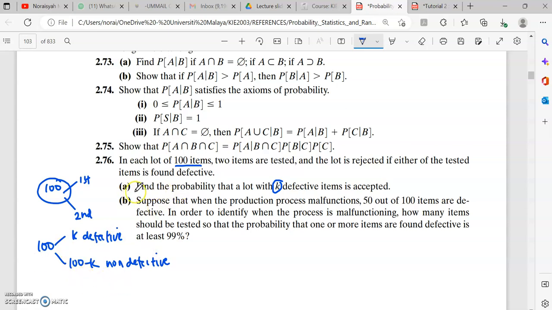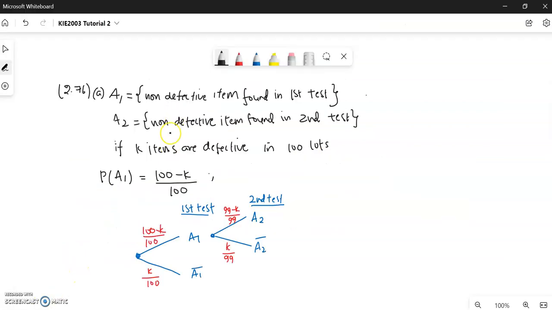So you want to find out the probability that when there are K defective items, the lot of 100 will pass the test, meaning that on the first test a non-defective item is chosen, and on the second test also a non-defective item is chosen. So let's write down this statement.